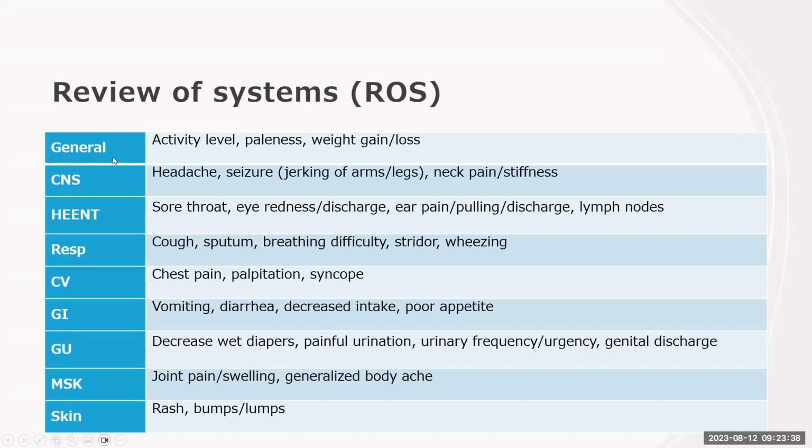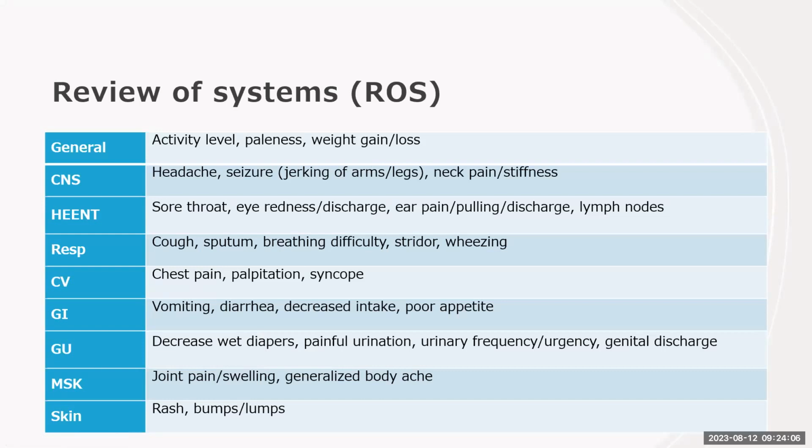So for general, always ask about the activity level. The color of the patient is very important. Are they very red, or very pale compared to other children, or do they have yellowing of the eyes, yellowing of the skin, the terminology being jaundice, right? Any unexplained weight gain or weight loss is also important.